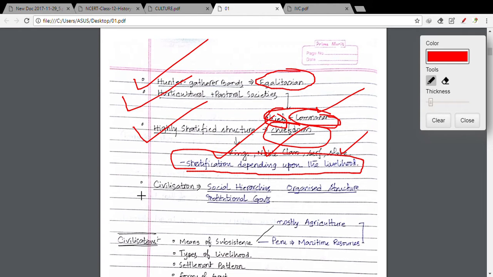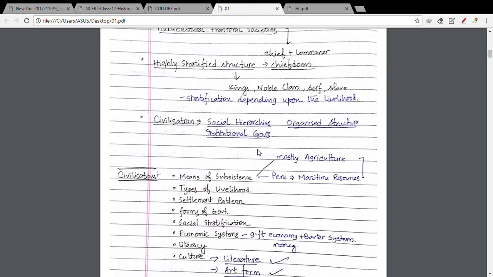So civilization will consist of social hierarchies, organized structure, and institutional governments. We can see that from the very old age, the idea of institutional governments, social hierarchy, and organized structure was there. That means there was a sense of settlement.